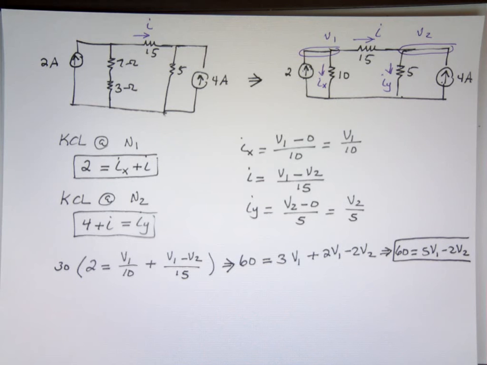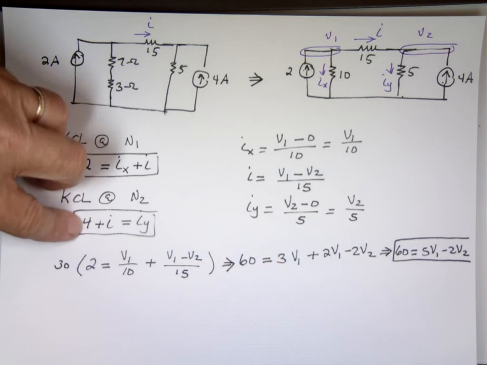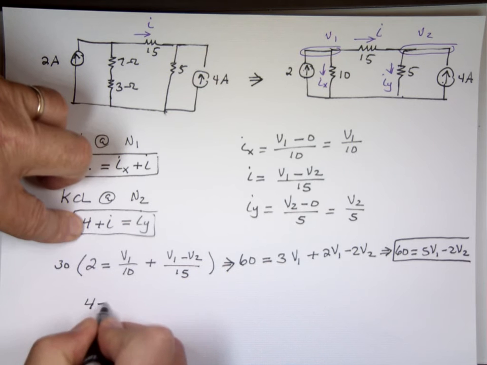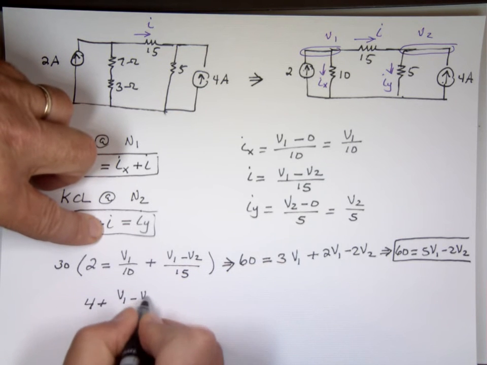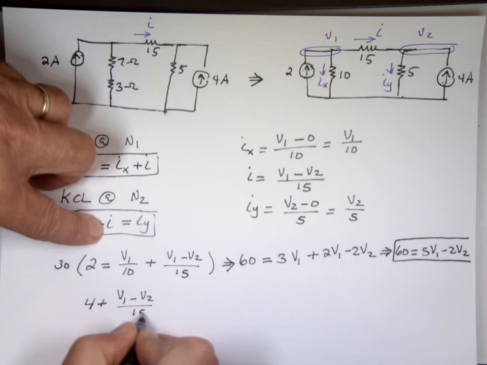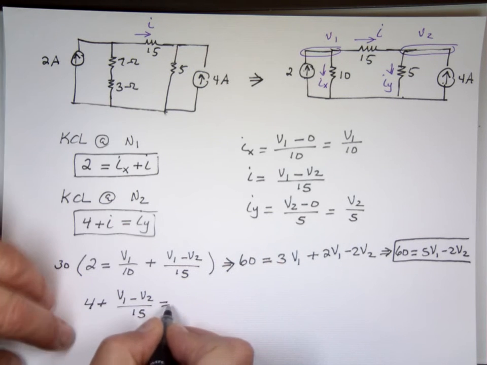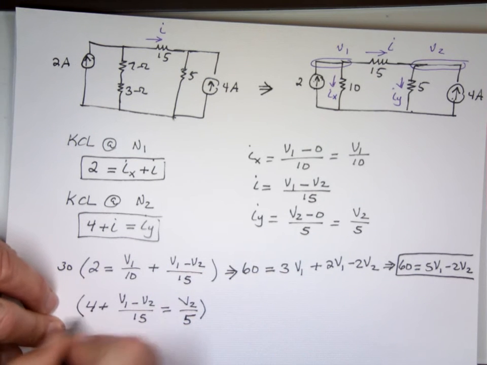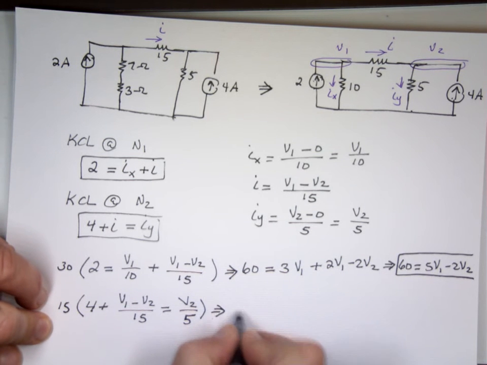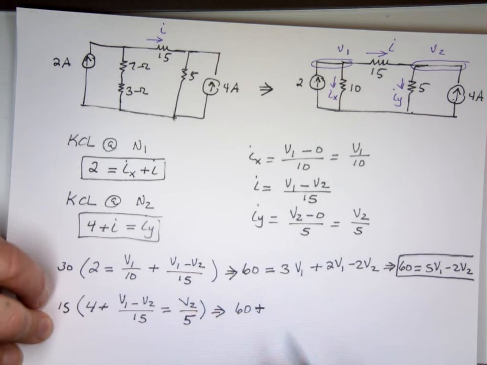Let's take the other equation. 4 plus I. I is what? V1 minus V2 over what? 15? Equals I sub y, which is V2 over 5, not 15. What's my LCD? 15. 60 plus, not equals, I didn't get to the equals yet.